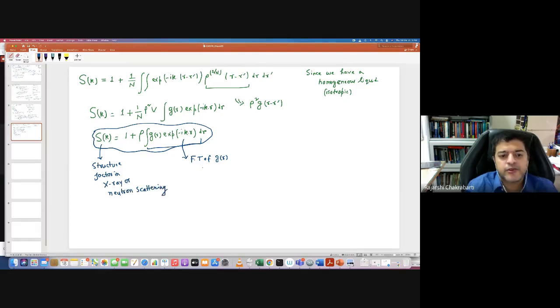So this is a relation between g of r and S of k. Clear? This is very important. This is how the structure of liquid, even solid, is determined, isn't it?